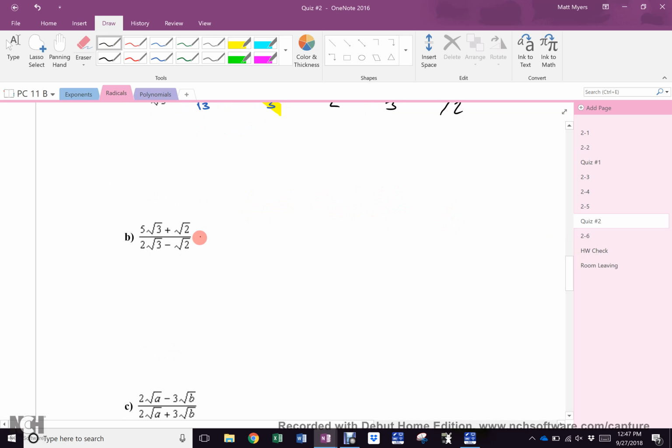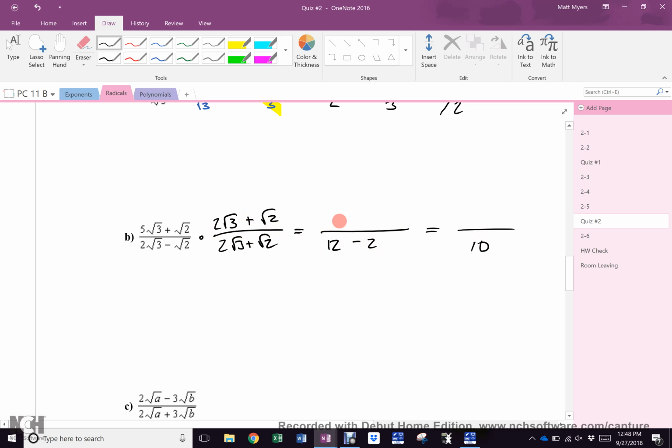For this one, you must multiply by 2 root 3 plus root 2 over 2 root 3 plus root 2. Which means on the bottom you have 4 times 3 is 12 minus 2, which is 10.